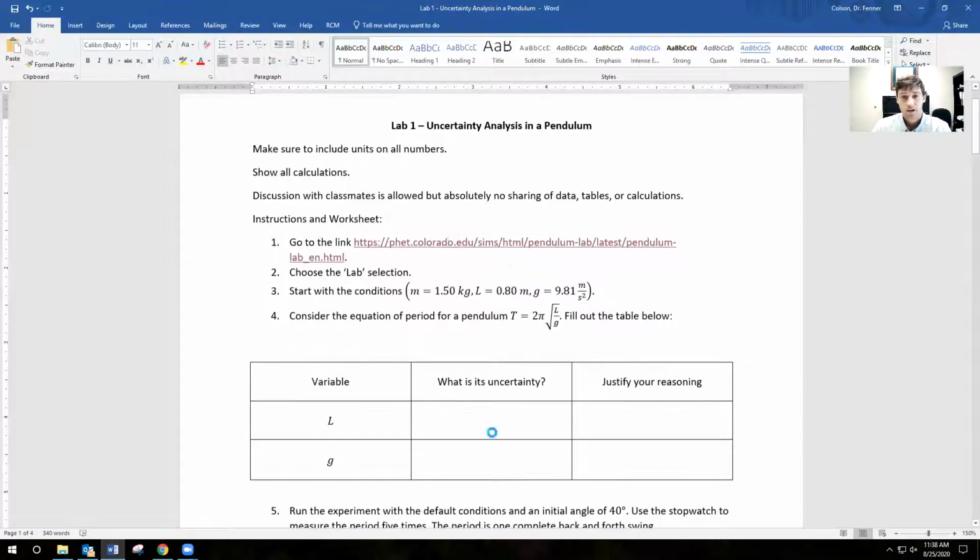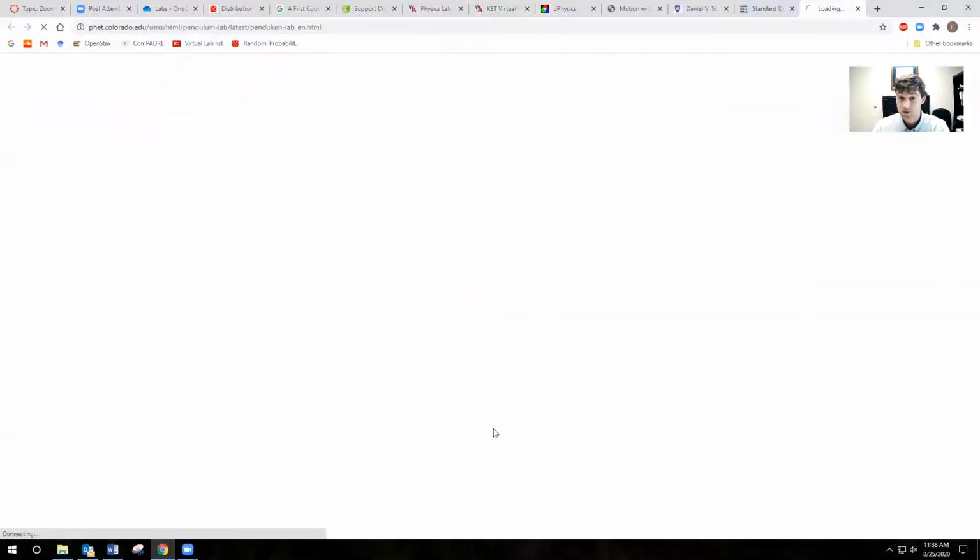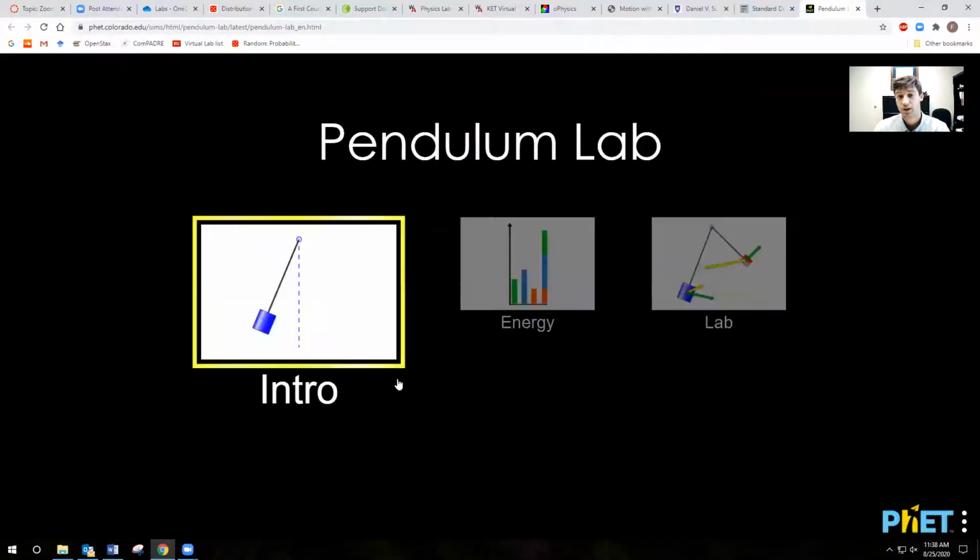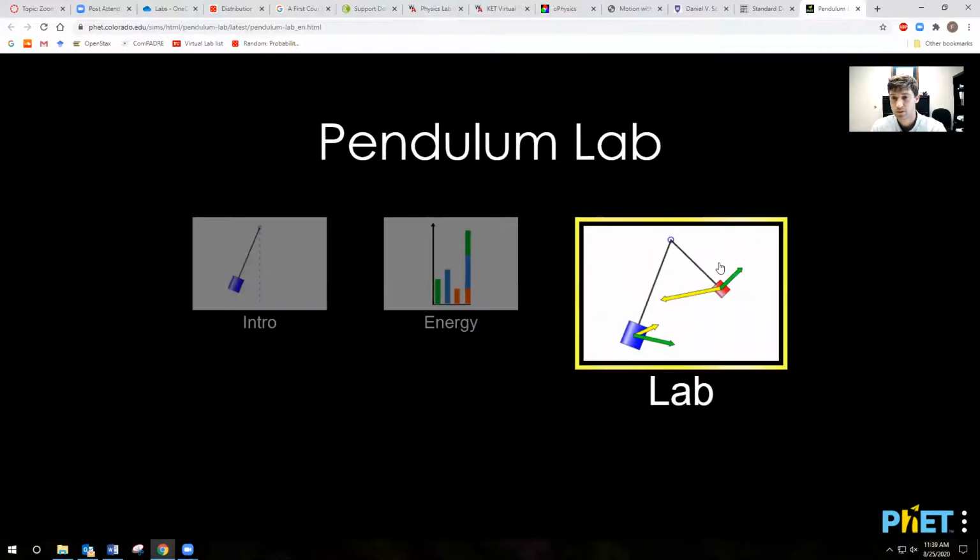All right, so the link for today's website can be followed by clicking on that hyperlink. You'll choose the third selection here. They're all the same simulator, just with different capabilities that are turned on.